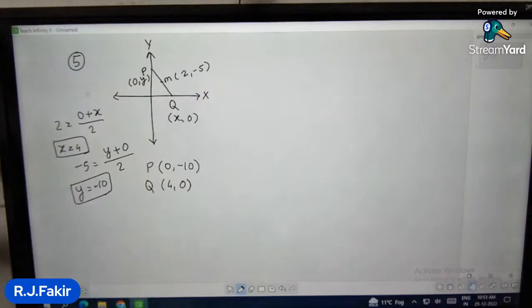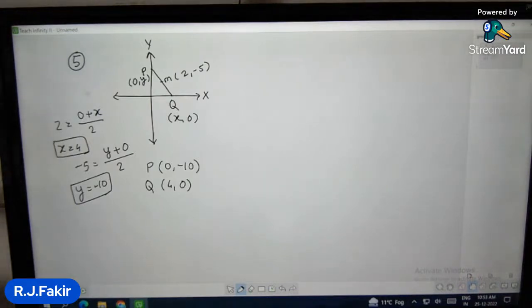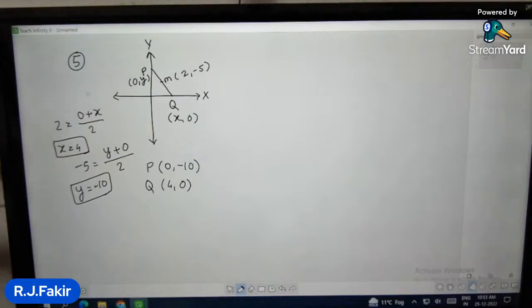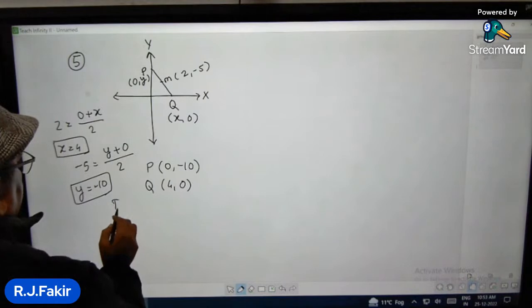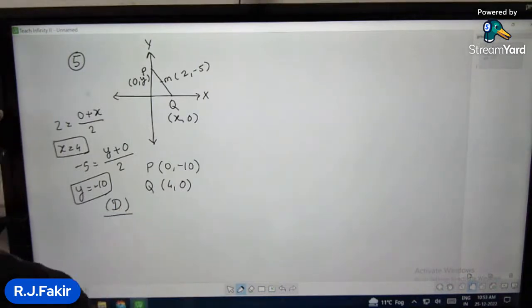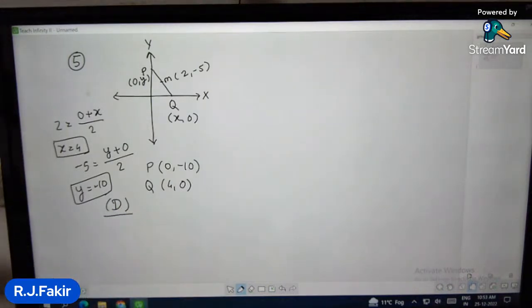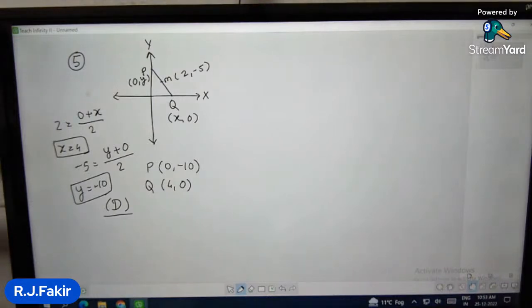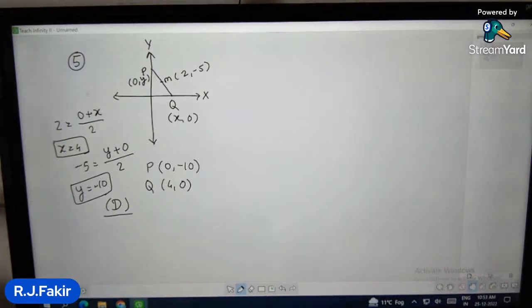Now look for this option, 0 comma minus 10 and 4 comma 0, and that option is D. So in this case you just have to remember the section formula as applied to the midpoint of a line segment.